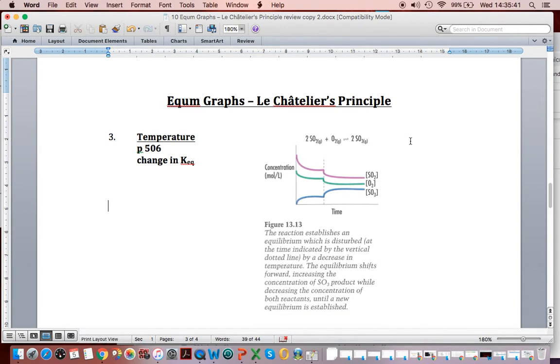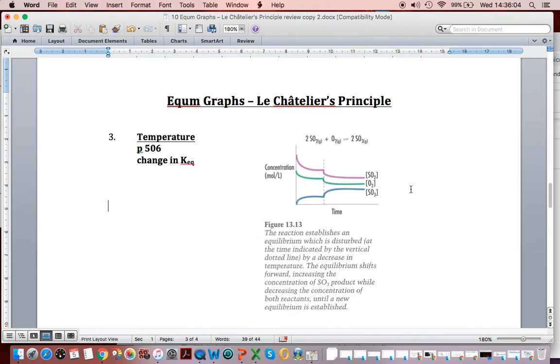And we know a decrease in temperature favors the exothermic reaction. So energy would be over here; we have a negative delta H. So by decreasing the temperature, we get more SO3 produced, and the SO2 and the O2 drop. But now these both are lower and this is higher.